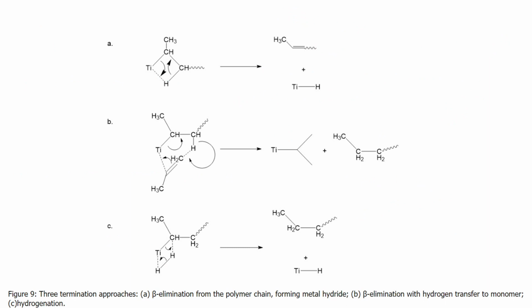Now for termination, there are three approaches. The first one is this kind of beta hydride elimination. Here the agostic effect comes into the picture.